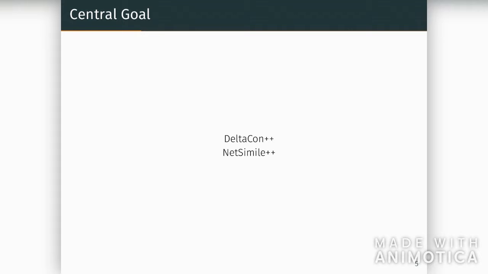In this work, we have extended DeltaCon to DeltaCon++ in order to support node weights and graphs with computed node correspondence. Furthermore, we have extended NetSimile to NetSimile++ in order to support node and edge weights. And lastly, we have extended both of the methods in order to support node and edge labels.